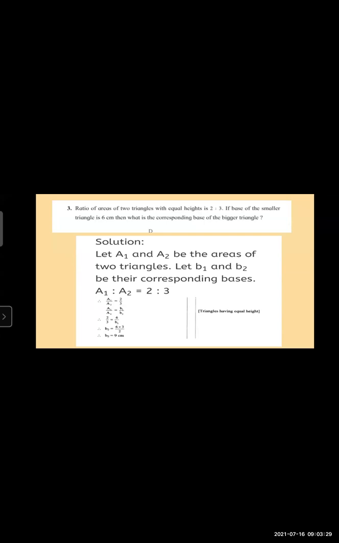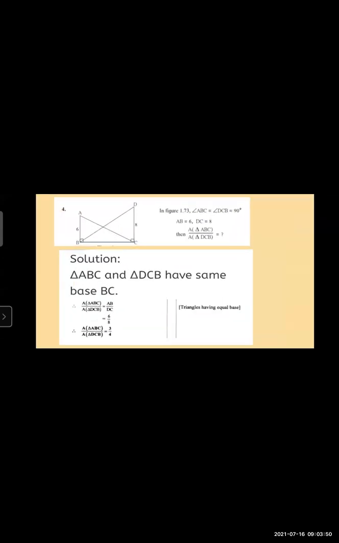So A1 by A2 is equal to B1 by B2. So write down here values. A1 by A2 is 2:3 and B1 by B2 is 6 by B2. Okay, students, cross multiply it. So B2 is equal to 9 centimeter. Very simple question.